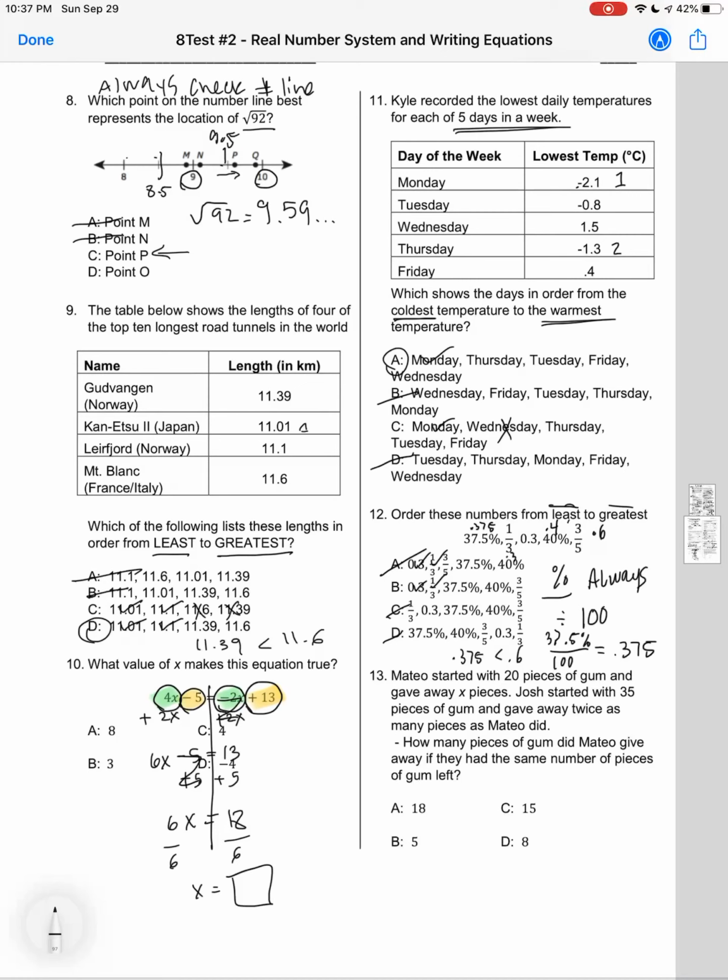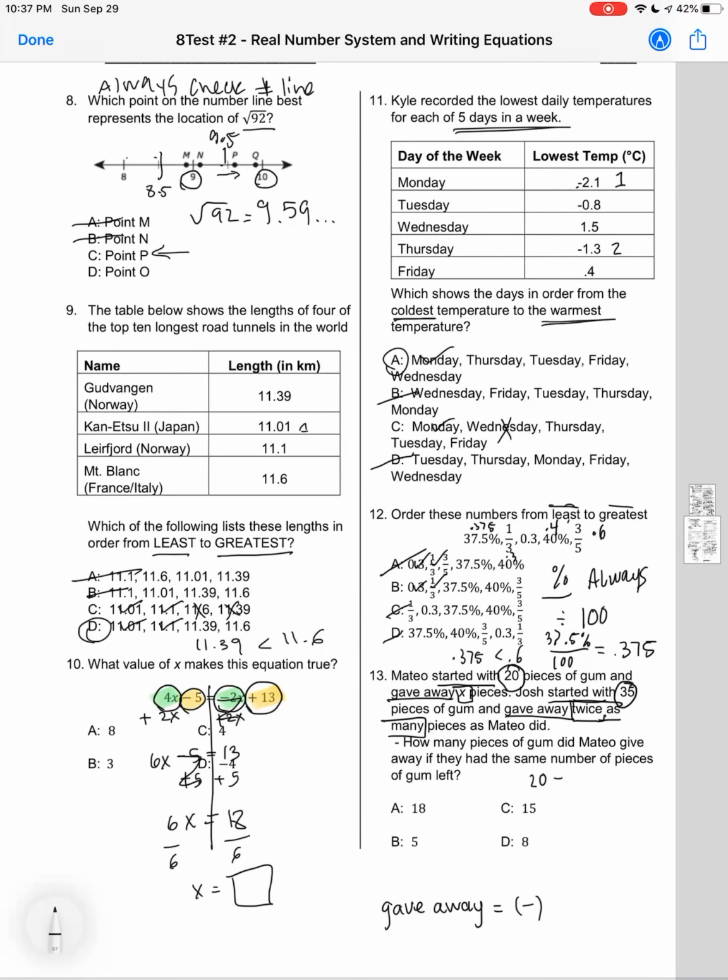So we have, he started with 20 pieces of gum and gave away x pieces, so gave away equals a negative. Josh started with 35 and gave away twice as many pieces.